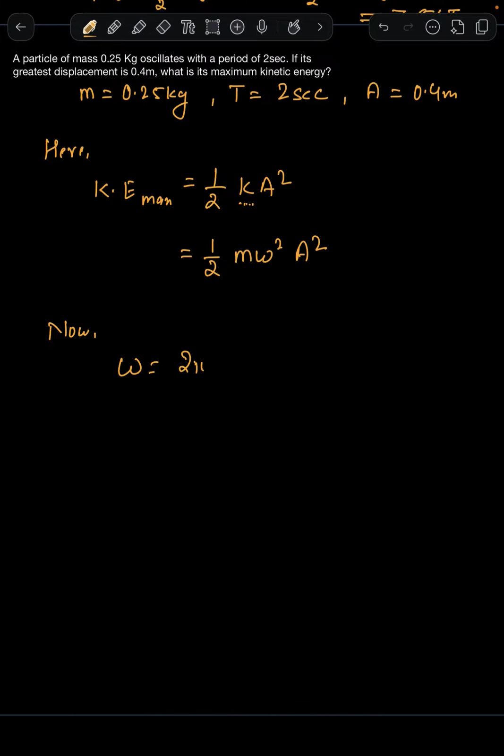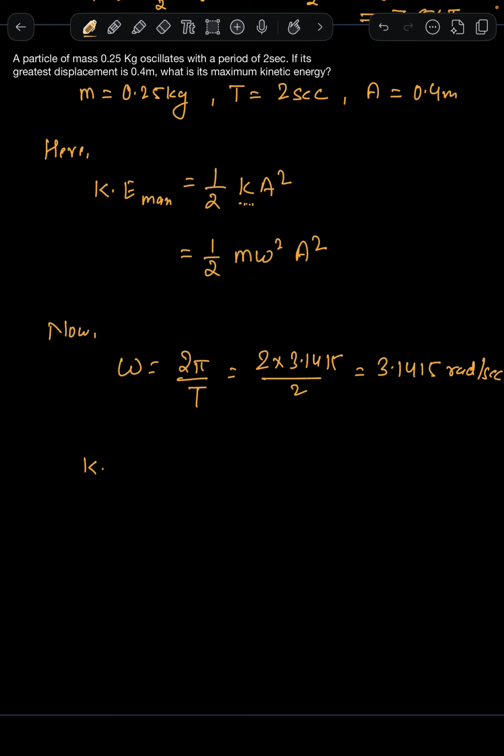So here maximum kinetic energy is given by 1 by 2 K a square, and spring constant or force constant K is m omega square. So first we need to calculate omega. Omega is equal to 2 pi by T. Since time period is given, omega is 3.1415 radian per second.